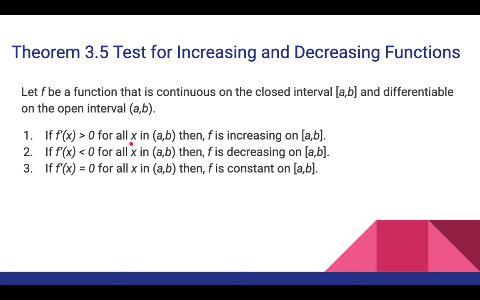So this test basically says if the first derivative is positive for all values of x on an interval, then f is increasing on the entire interval. And if the derivative is negative for all values of x in the interval, then f is decreasing on that interval. If there's some positive, some negative, then you have the wrong interval because it's not doing the same thing. So that's the big trick on here. If the derivative is 0, then it's constant.